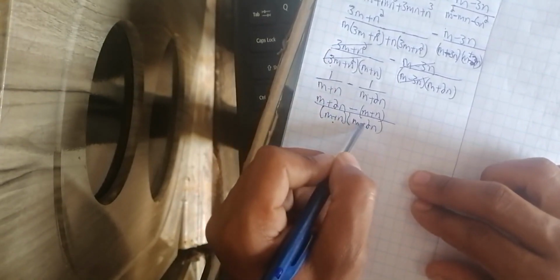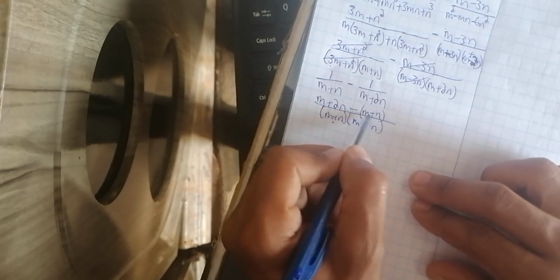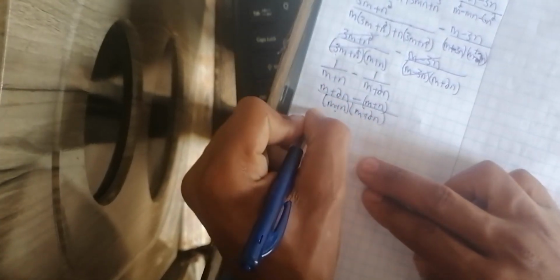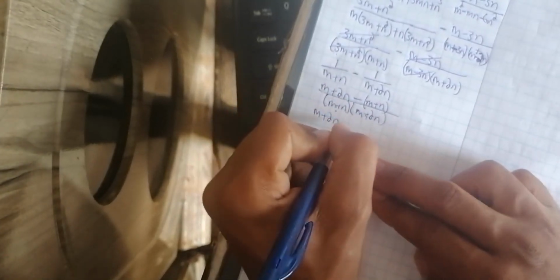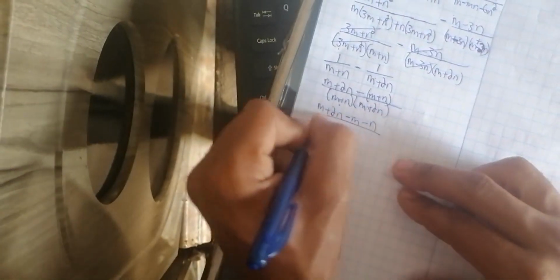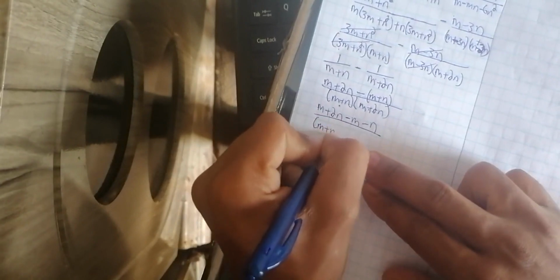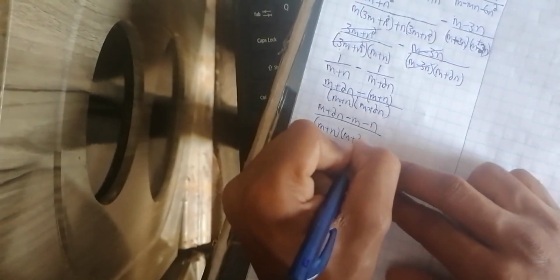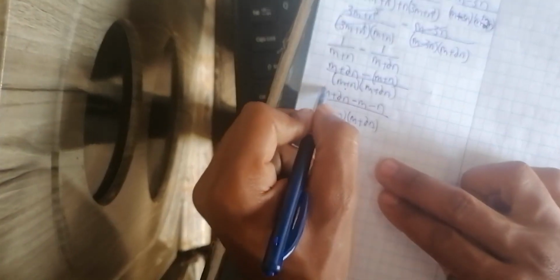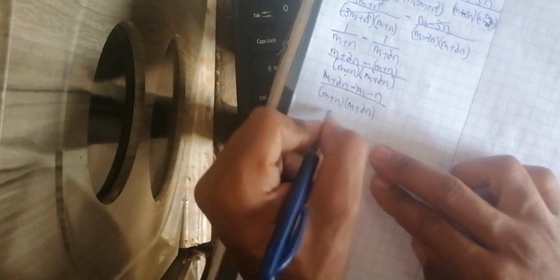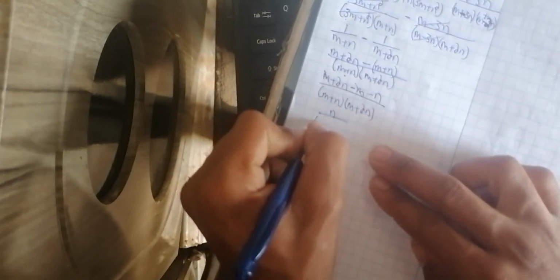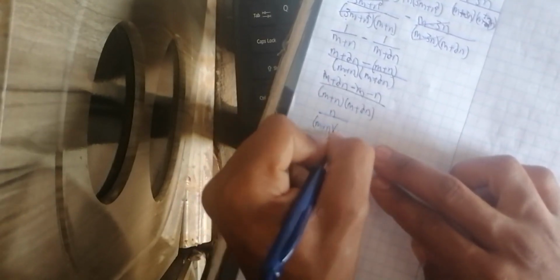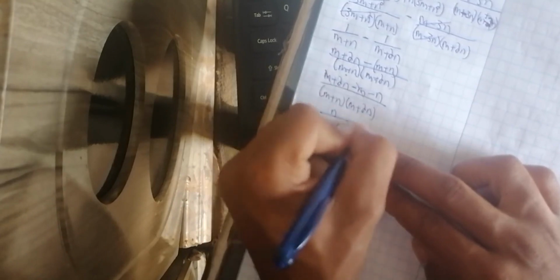This into this goes once, this times this is this. Therefore you can have m plus 2n minus m minus n. If you remove the brackets by multiplication, m plus n, m plus 2n. Now look what is happening. Positive and negative, they will cancel. 2n minus n is n. N divided by m plus n into m plus 2n as your final answer.